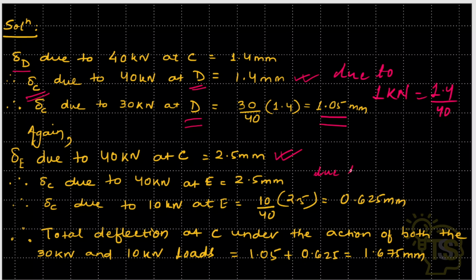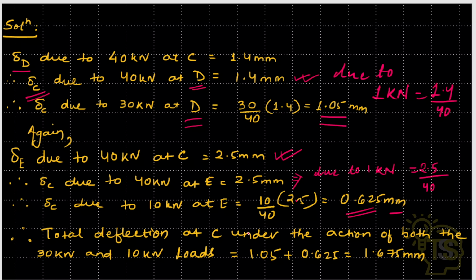So according to the unitary method, the deflection at C due to a 1 kN load at E will be equal to 2.5 mm divided by 40 kN, and the deflection at C due to a 10 kN load at E is equal to 10 kN divided by 40 kN into 2.5 mm, which is equal to 0.625 mm.